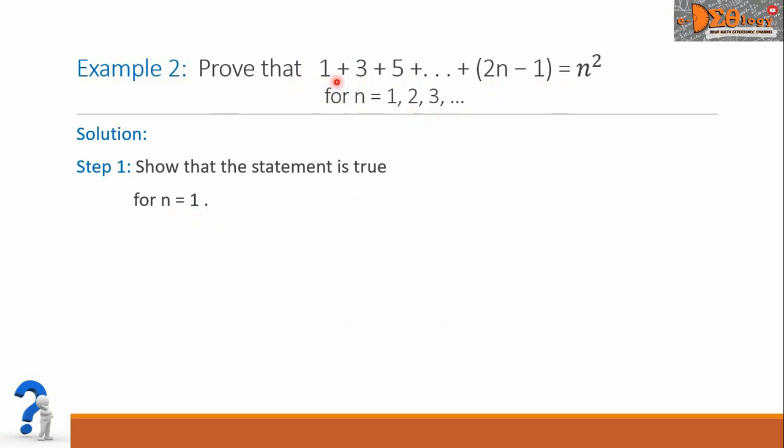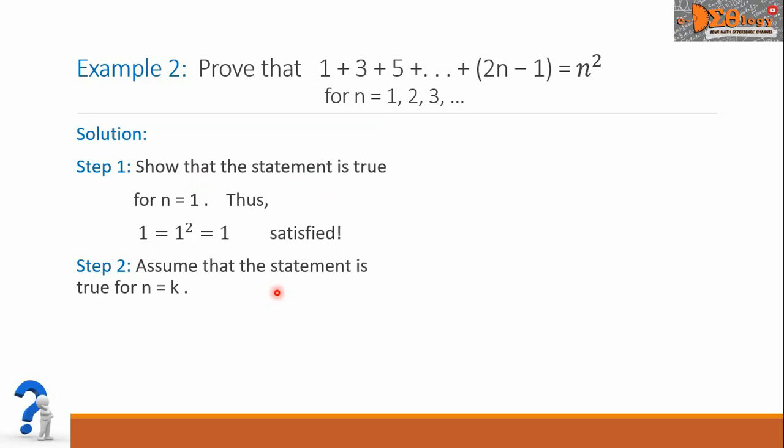We will take the first value of the left side, that number 1. Now for the right side, we will use the number 1 value here to replace the n. So the n squared becomes 1 squared. This 1 squared is simply 1. The left side is 1 and the right side is 1, and they are equal. We're able to show that the statement is true for n equals 1.